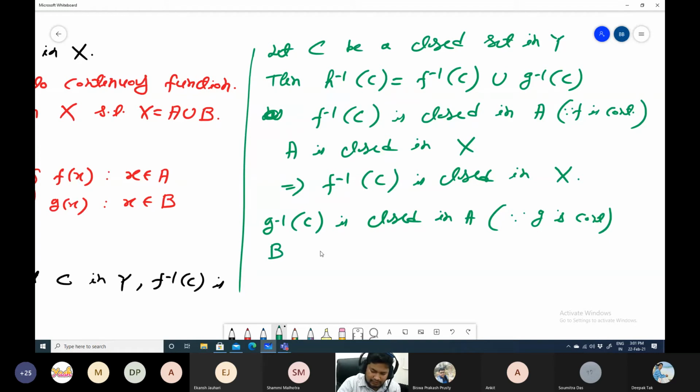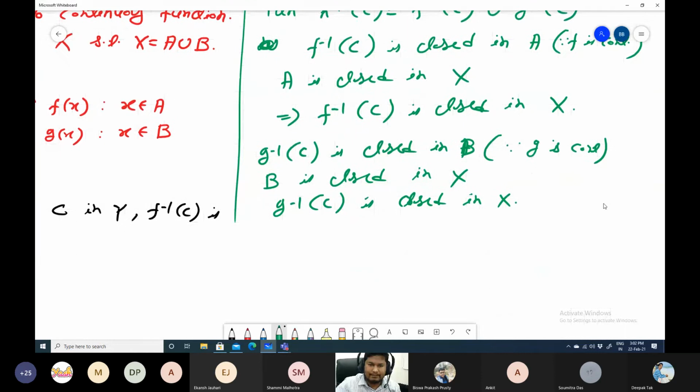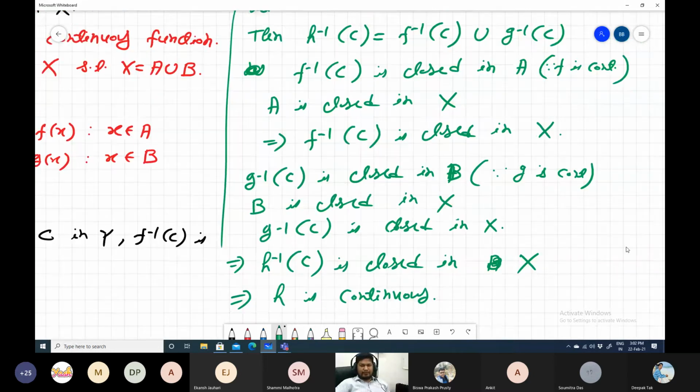Now again B is closed in X. So therefore G inverse C is closed in X. So therefore H inverse C is closed in X. So that implies H is continuous. So we are done. And this is the proof.